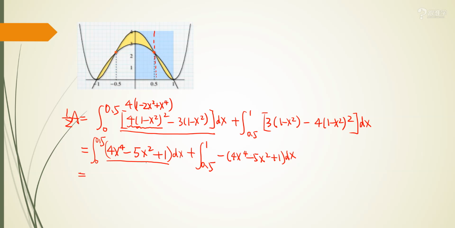The antiderivative is going to be 4/5 x to the 5th minus 5/3 x cubed plus x. Okay, it's going to be evaluated between 0 and 0.5, plus.